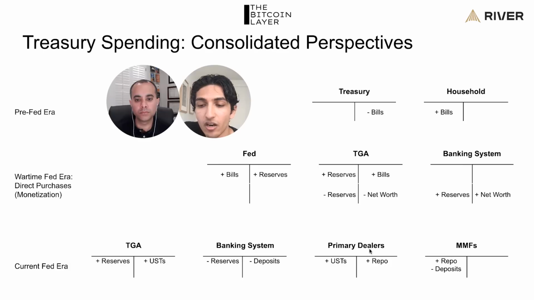The primary dealers are forced to buy the treasuries, and when I say forced to, I mean they're happy to, because the treasuries will typically have a higher yield than whatever they're paying for their financing. The primary dealer will finance that treasury purchase through a money market fund or through some other repo lender, and that's how the primary dealers get a hold of the treasury securities.